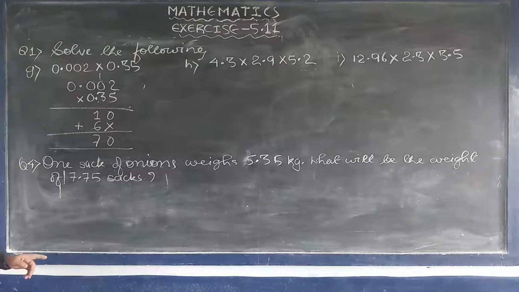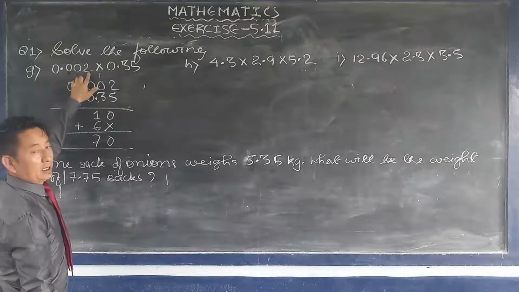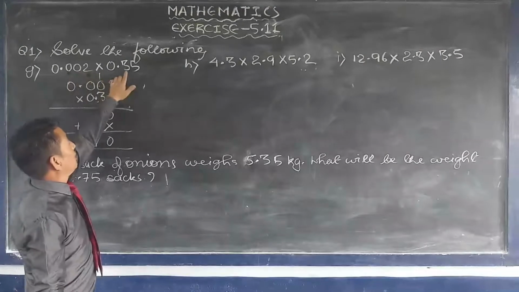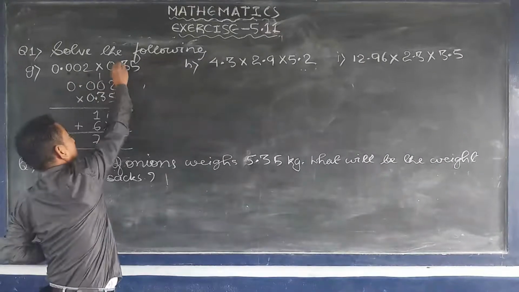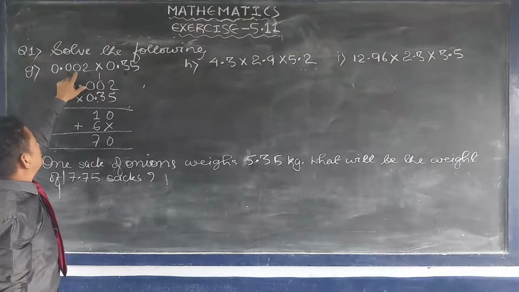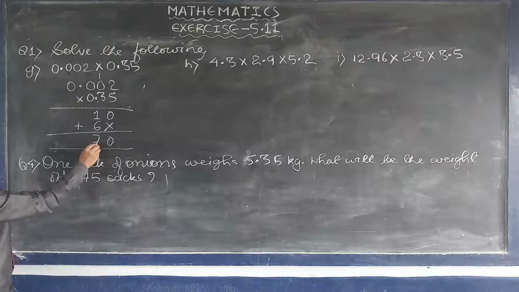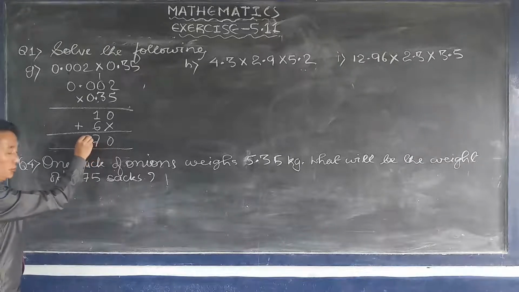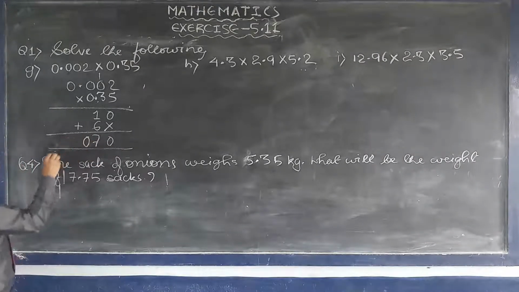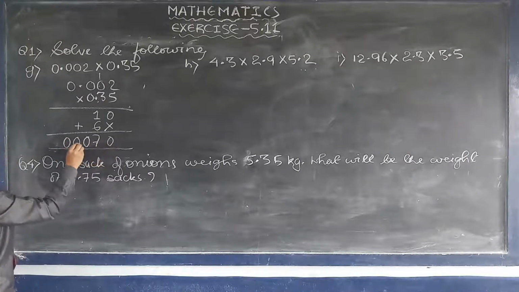Now here will come the digit after decimal point. Here 3 places after decimal point, and here 2 places. Altogether we count 1, 2, 3, 4, 5 places.